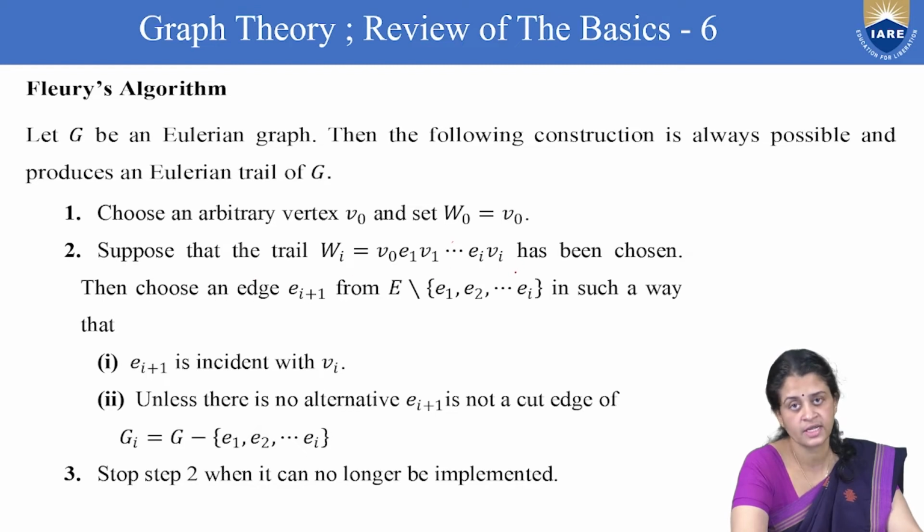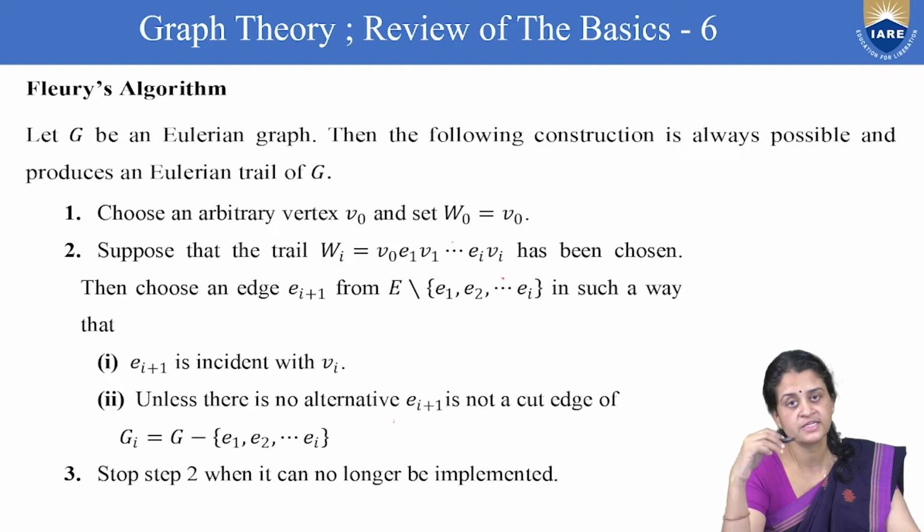Then choose an edge Ei+1 not considered earlier, in such a way that Ei+1 is incident with the vertex Vi, and unless there is no alternative, Ei+1 is not a cut edge of Gi, where Gi is G minus the edges E1, E2, up to Ei.